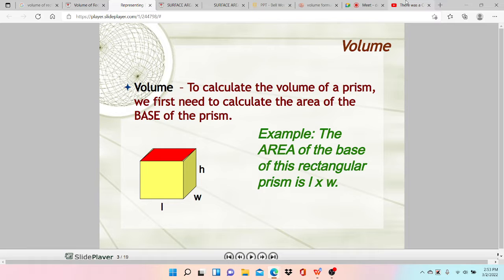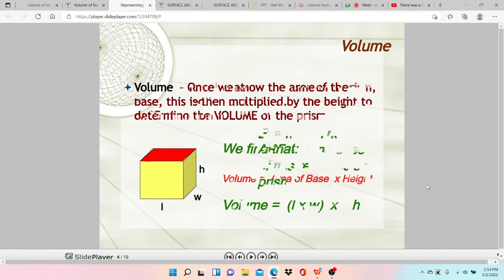Okay. The formula of getting the volume of a rectangular prism is V is equal to length times width times height. Length times width times height. Okay. 5 points for cartoon.